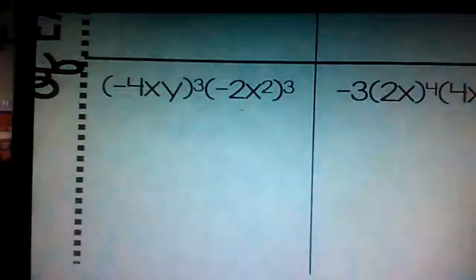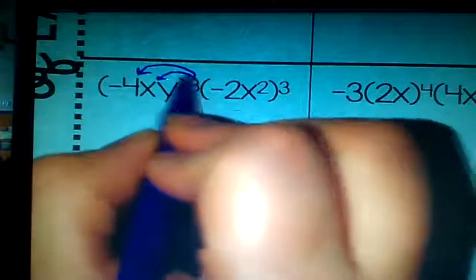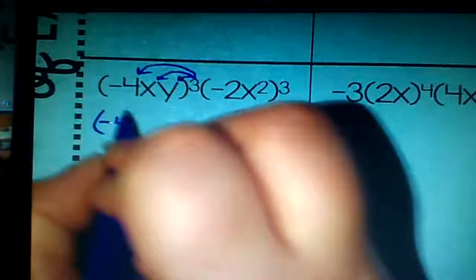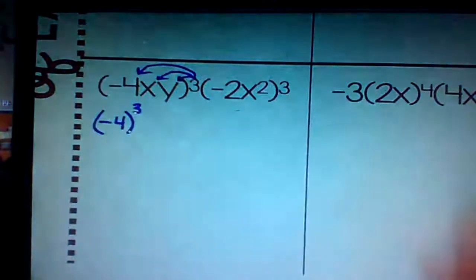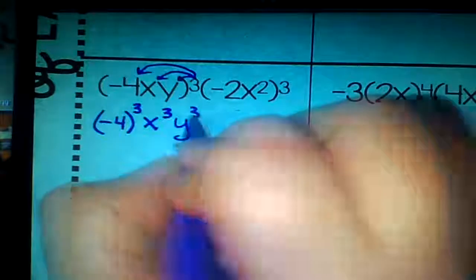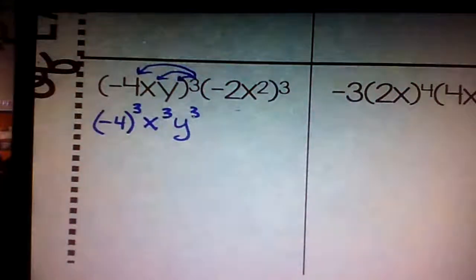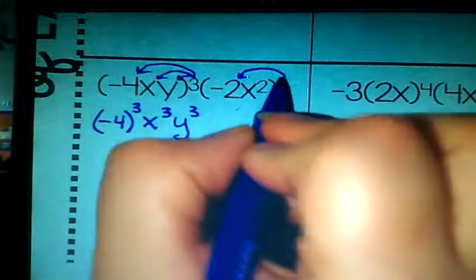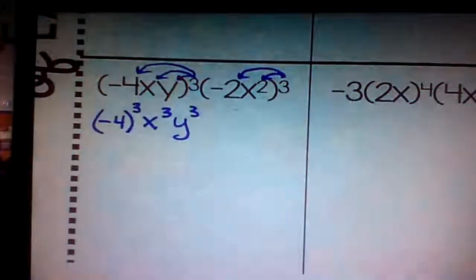So now I deal with my exponents. I need to multiply each exponent inside of this by 3. So this is negative 4 to the 3rd, x to the 3rd, y to the 3rd. I need to multiply every exponent inside of this parentheses by a 3.